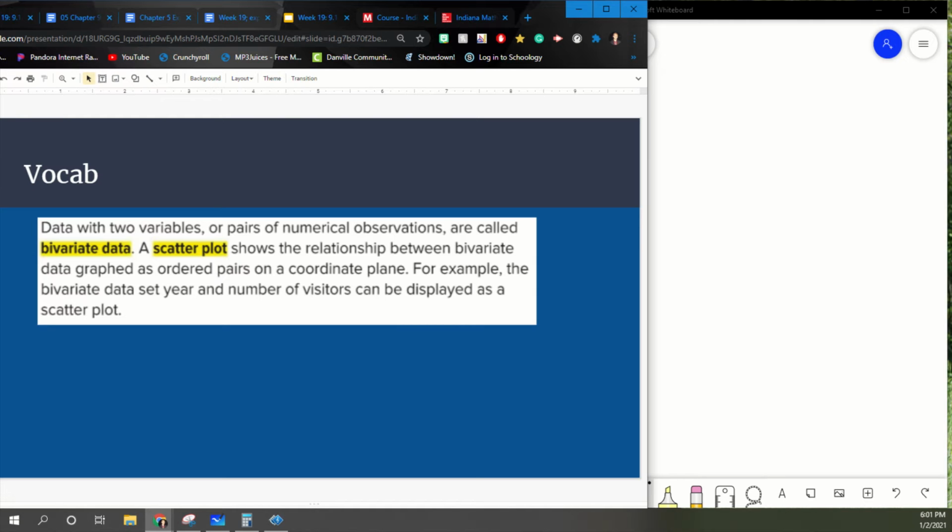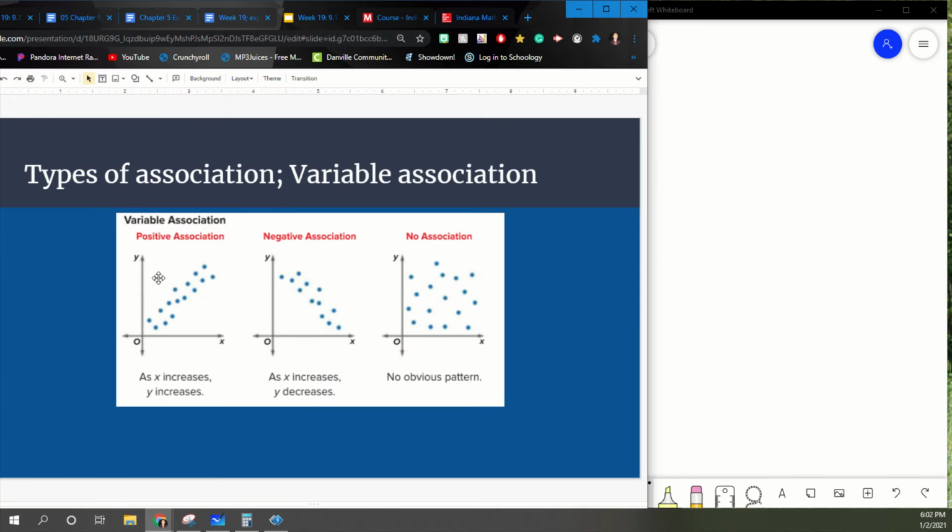For example, the bivariate data set year and number of visitors can be displayed as a scatter plot. There are different kinds, and they're just dots. You don't put a line through them unless it's a line of best fit, which we'll talk about later this week.